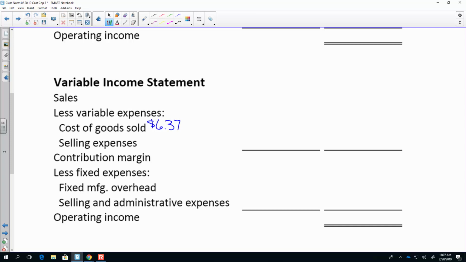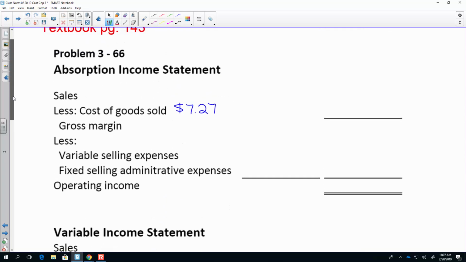Looking at the sale level, looking at the production level, which statement will give me a larger income? We produced 200, we sold how many? 204, which means what? It's not absorption that's higher. Variable will be higher because we sold more units.